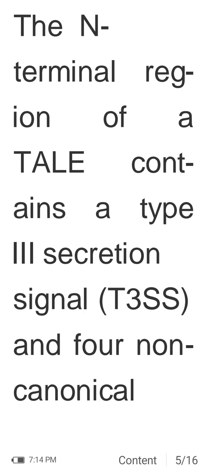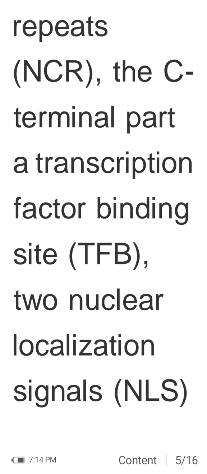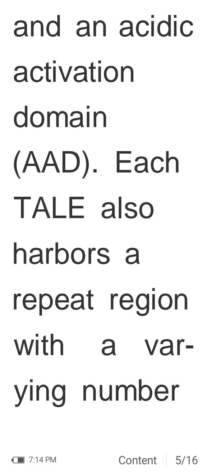The N-terminal region of a TALE contains a type 3 secretion signal, T3SS, and 4 non-canonical repeats, NCR. The C-terminal part has a transcription factor binding site, TFB, 2 nuclear localization signals, NLS, and an acidic activation domain, AAD.